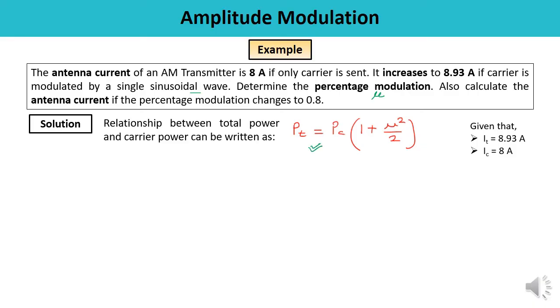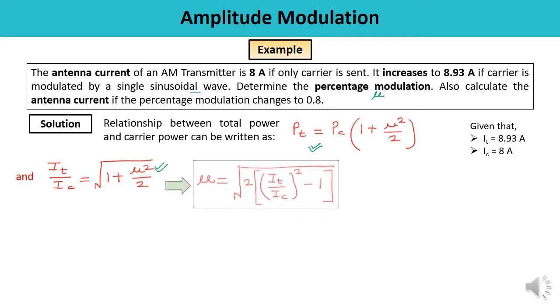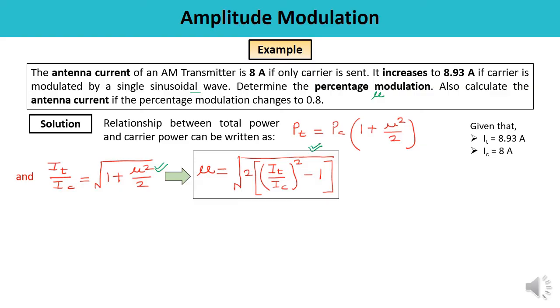Rearranging in terms of current, IT is equal to IC under root 1 plus mu square upon 2. Because we have to calculate mu, rearrange the equation: mu is equal to under root 2 times (IT upon IC) whole square minus 1.